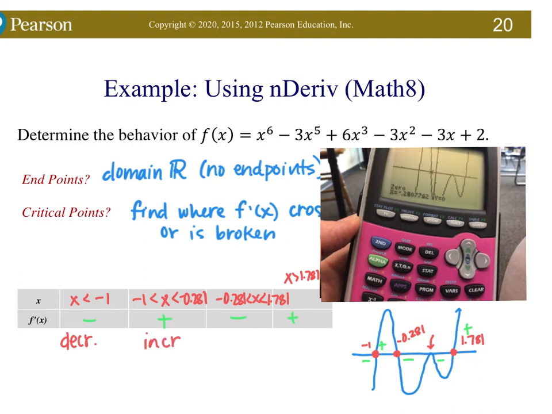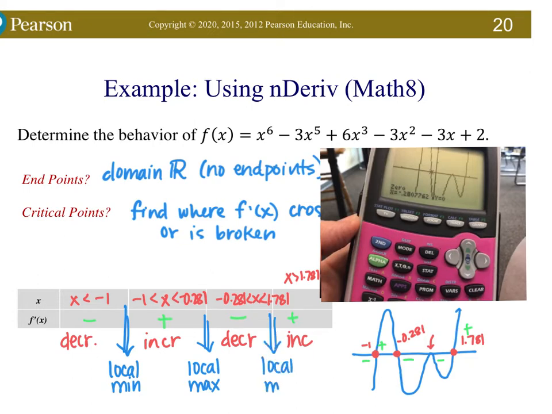And so that change means that when I change from decreasing to increasing, I have a local min. And then I've got a decreasing section again, and so that change means I will have a local max. And then I'll have an increasing section again, so that change means I'll have another local min. Every time it changes from decreasing to increasing, from a negative section to a positive section, you'll have a local min, and the other way around too.